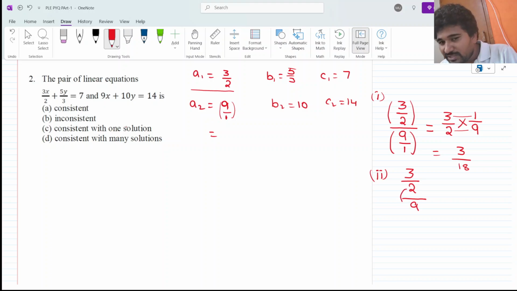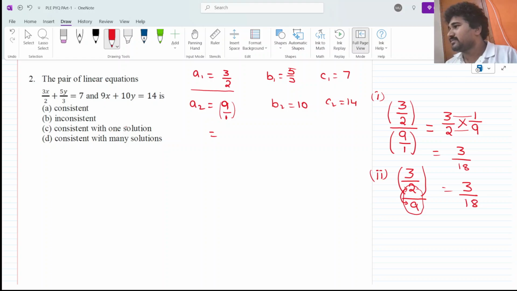Always remember, these two near each other will get multiplied. If there is a fraction on top and only a single number at the bottom, what is the situation, tell me? You multiply these two. What will it become? 18. What is that situation? A fraction on top and a single number at the bottom. Sir, the reverse can also come, right? 3 divided by a fraction below. Am I correct or not?